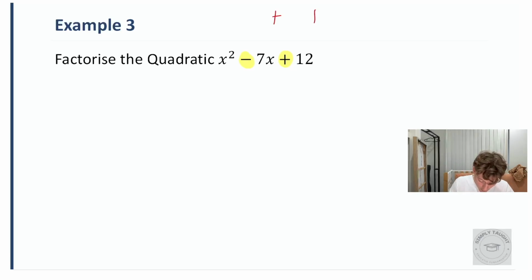Either they are both positive or they are both negative, but they have to be a pair, right? Well, if the sign in front of my b term, for people that know the general formula of a quadratic, is negative, then it means the pair of numbers must also be negative.